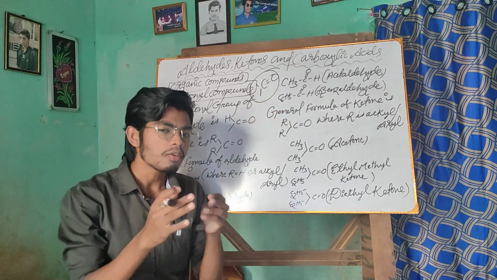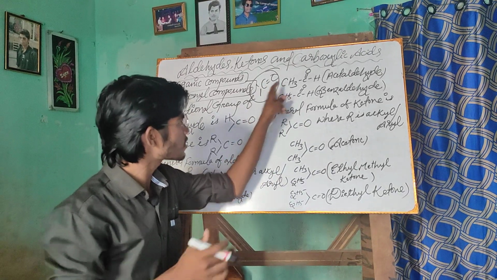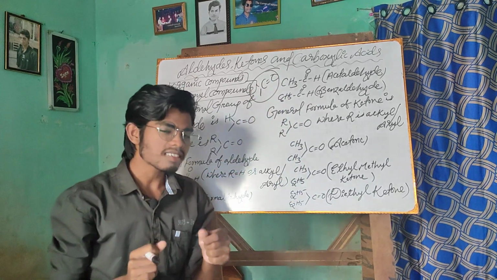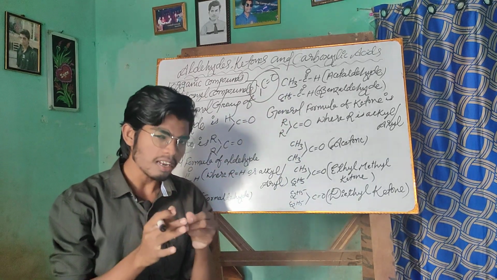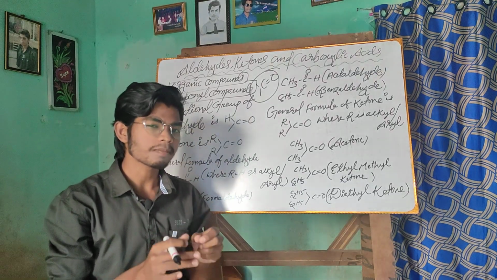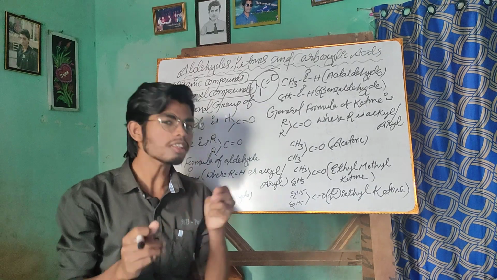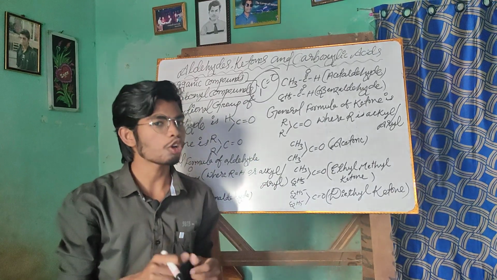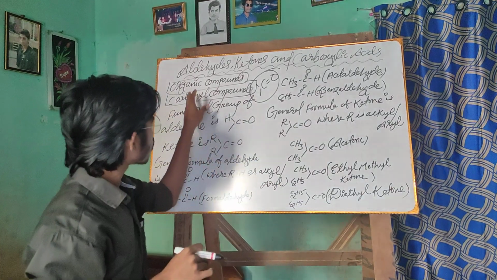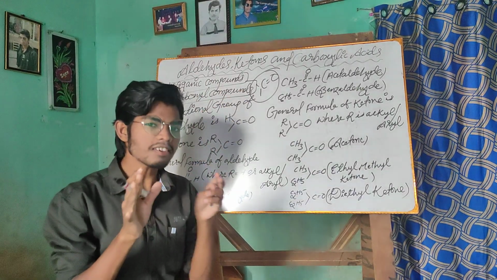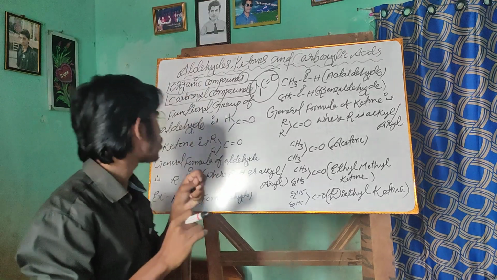Since the aldehydes and ketones contain the carbonyl groups, if you look at the general formula of the aldehydes and ketones, both the formulas contain the carbonyl group. That's why these organic compounds are also known as the carbonyl compounds. So this is the fact that we need to remember from this point.